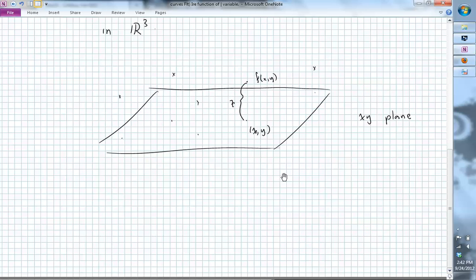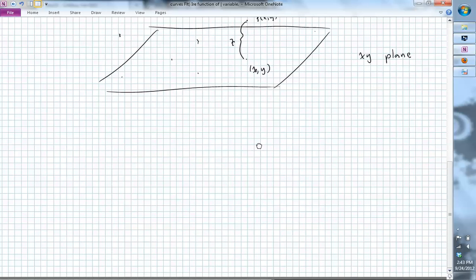Where is the thing concave up and concave down? The other thing we're going to start looking at is slices of the surface. What does a slice of the surface look like? What does a slice in the x direction look like? What does a slice in the y direction look like? And what does a slice in the z direction look like? And all three of those things have important meanings and will help us analyze these surfaces.